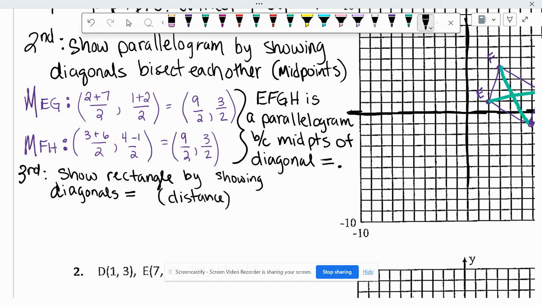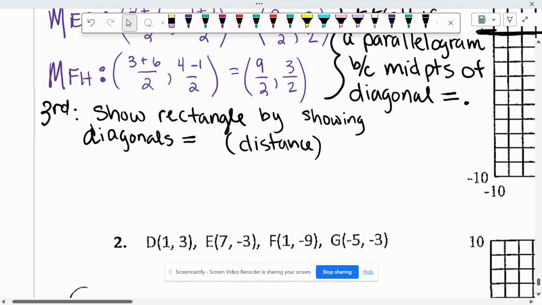That's going to be our distance formula. So we have to find the distance of EG and the distance of FH. So that's where we are now, okay? We're finding the distance of EG and the distance of FH. So the distance of EG.